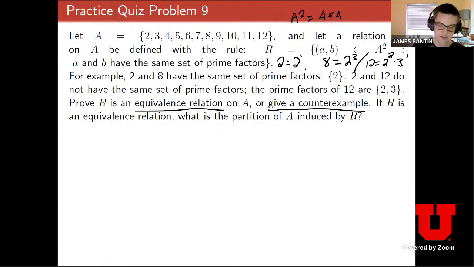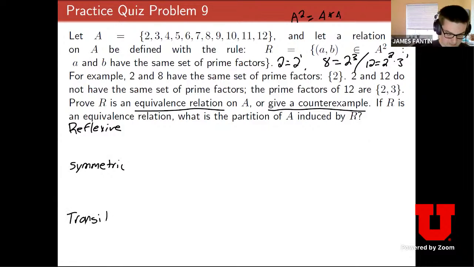Right, so for equivalence relations, we need to figure out if it's reflexive, if it's symmetric, and if it's transitive. If it meets all 3 of these, it's an equivalence relation. If it fails one of them, it's not an equivalence relation. So let's just go through these one by one, and we'll figure out if it has each of these 3 properties.